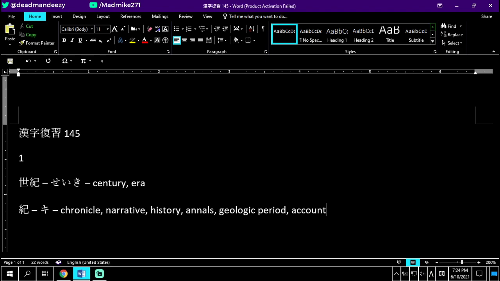Seiki. New vocabulary is ki with our thread on the left side. This is a thread on the left, and on the right side we have a snake. So the thread of a snake, kind of the chronicling or history of something. Snake travels through thread of history.